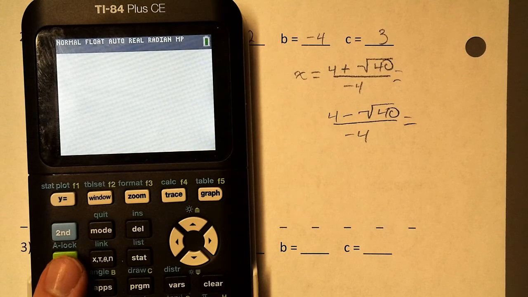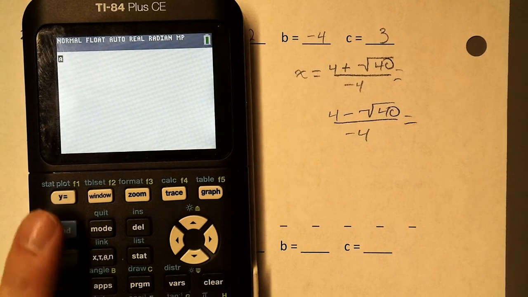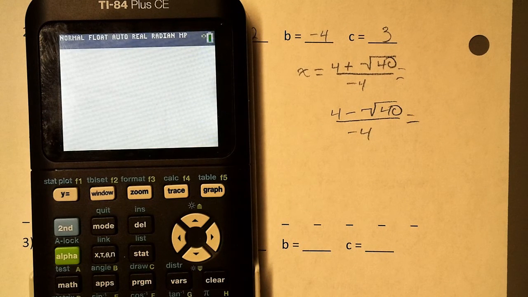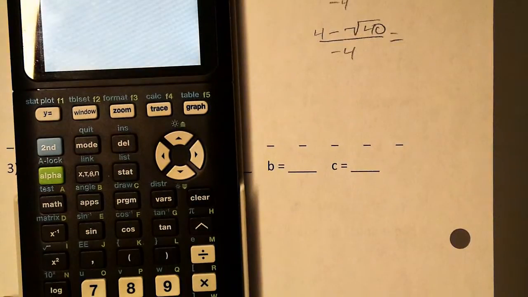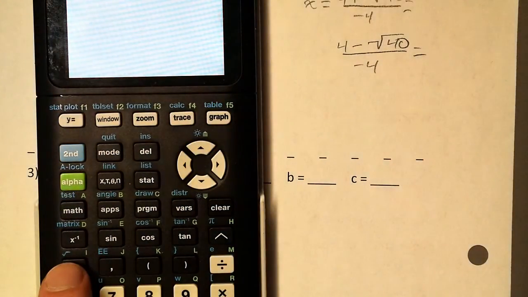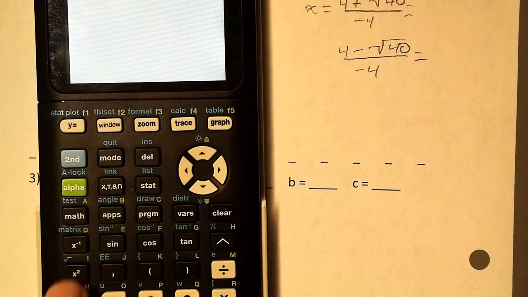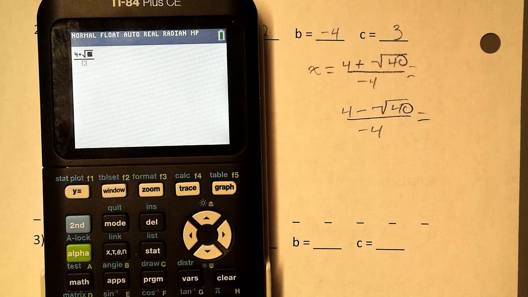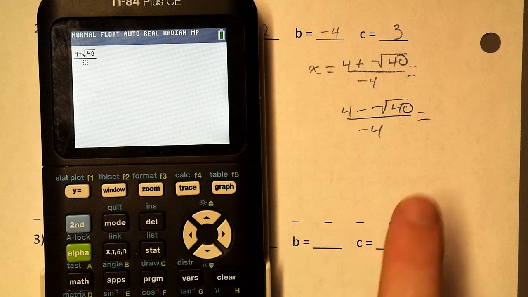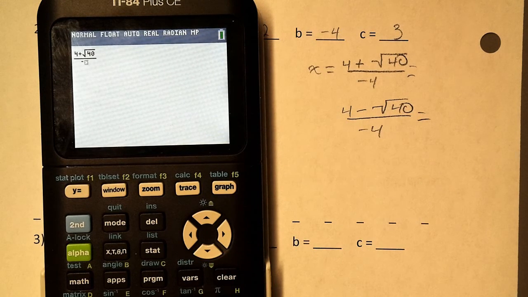Remember, we can type in a fraction, alpha y equals, push enter, and 4 plus, and if you don't know where the square root button is, it's blue, it's right with the square button, so you got to push second, and then push that to get our square root, and we're going to type in 40. Then on the bottom, we've got negative 4.